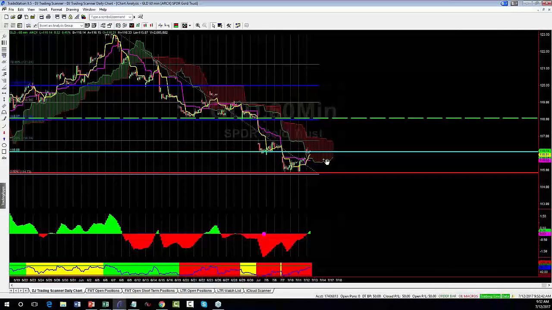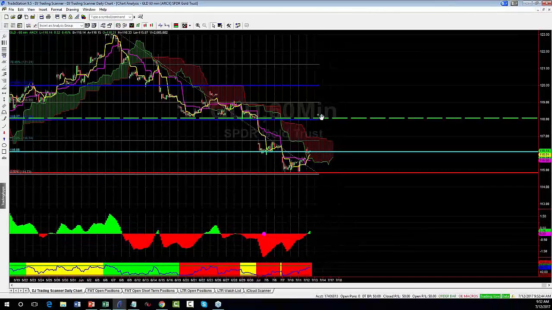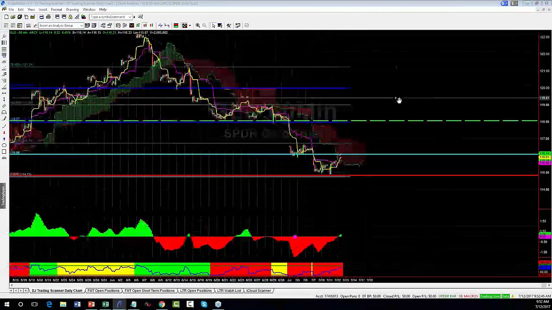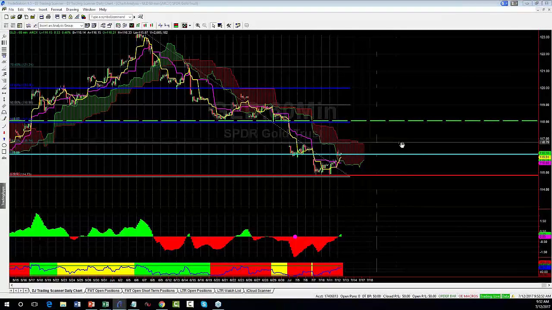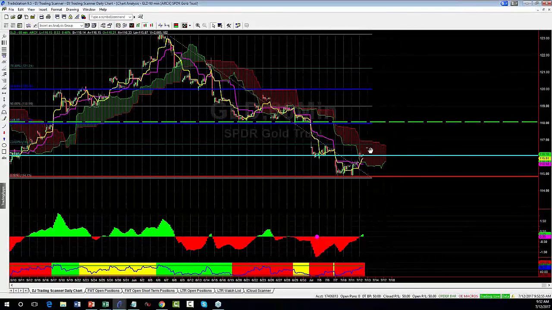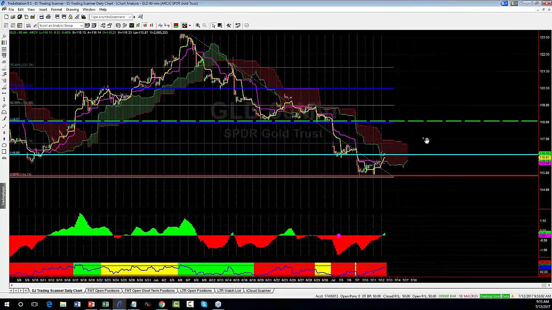Here's my stop down at the previous low. Here's my target at the conservative end of the zone. So we're long on GLD, and there's room left. This is a 60-minute chart. We would expect this to play out over about 2 to 5 days is the expected time for a trade like this on the 60-minute chart.